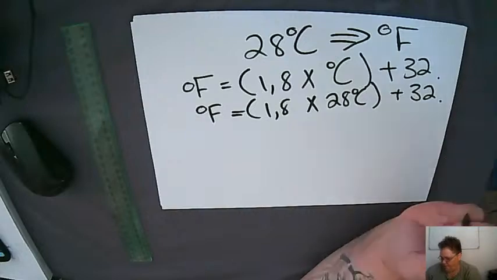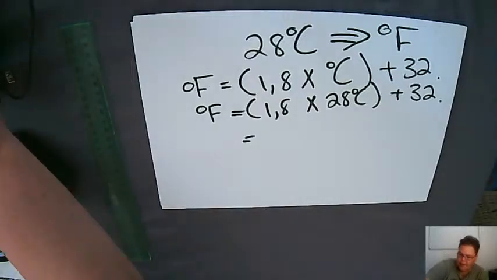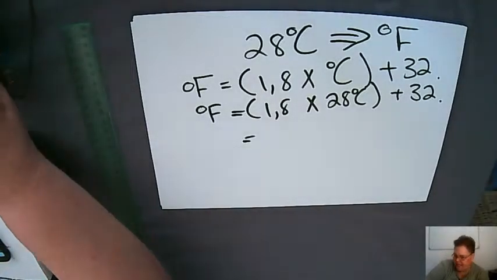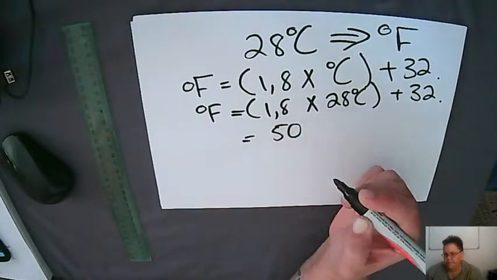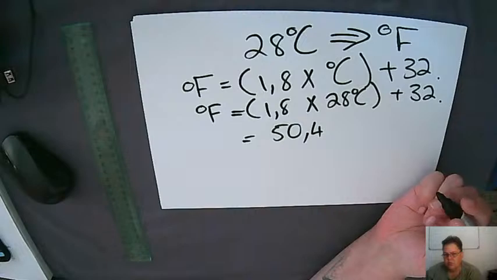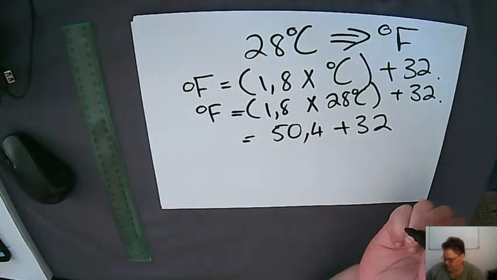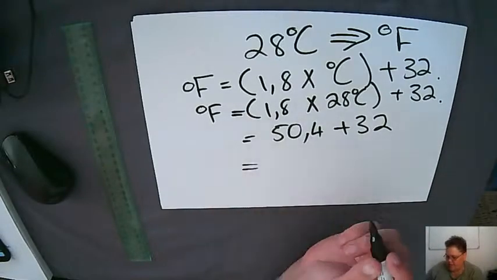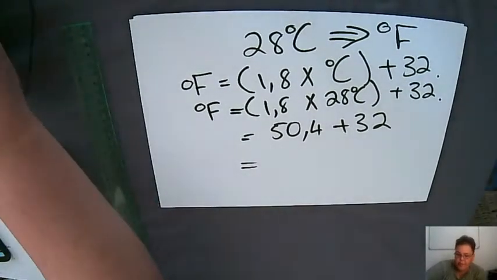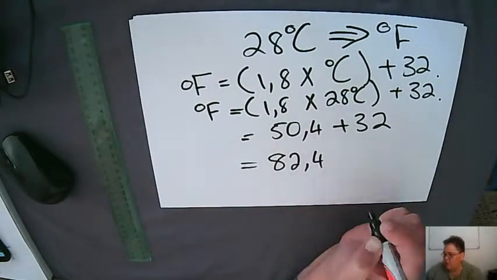Now we take our calculator and we say 1.8 multiplied by 28 gives you 50.4, plus 32, and the answer: 50.4 plus 32 gives us 82.4.